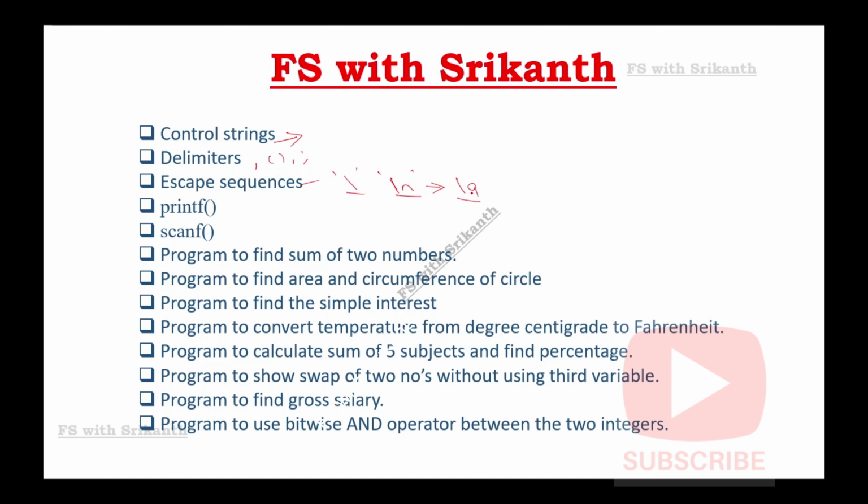Suppose there is a \a, it gives a beep sound. Suppose \t is there, it generates a tab space printed on the console. With the help of these escape sequences our existing data is not corrupted, it is just visualized differently. The output will be modified, but our original content is the same, only the output is different, right?